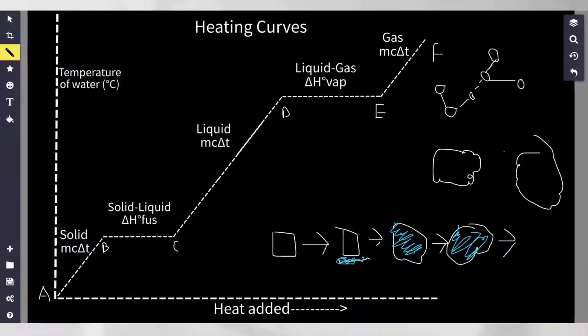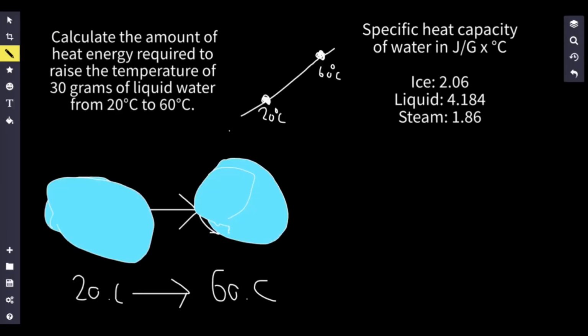And for those of you wondering why segment DE takes more energy, more heat, to vaporize liquid water than to melt the solid ice, that's because when you're melting ice, you're only weakening the intermolecular forces. But when you're transitioning from a liquid to a gas, you're completely breaking the intermolecular attractions between the molecules, which is why it takes more energy or heat.